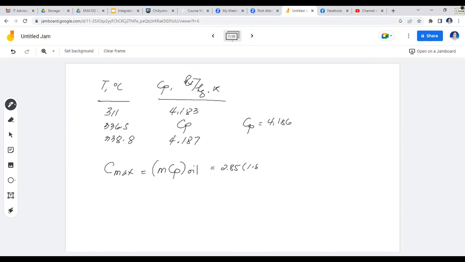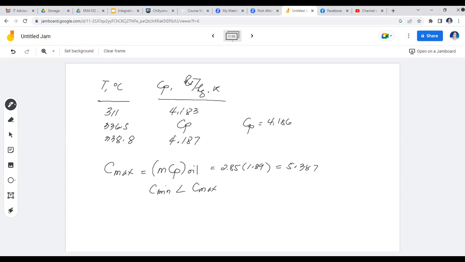What's the value for 1.89 times 2.85? 5.387. Correct, Kyle. So in this case, your C minimum is really less than C maximum.